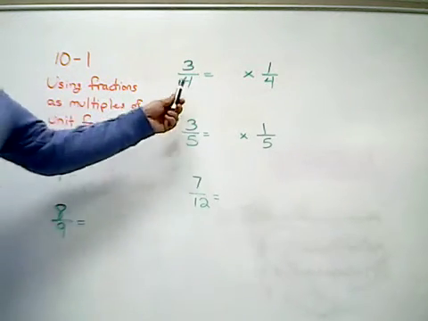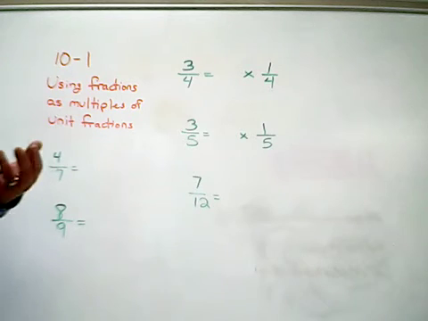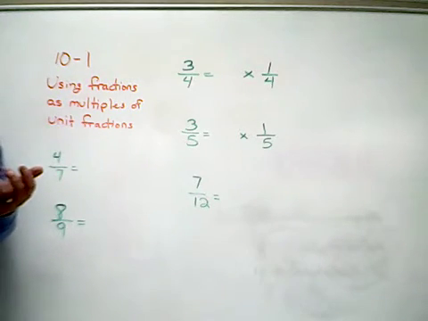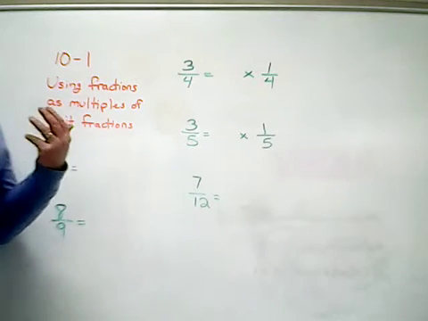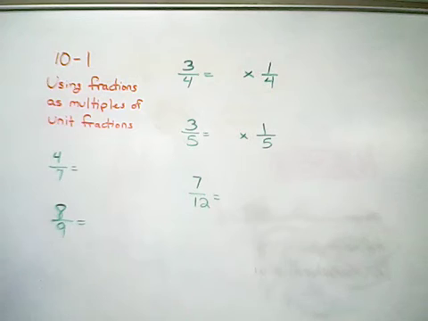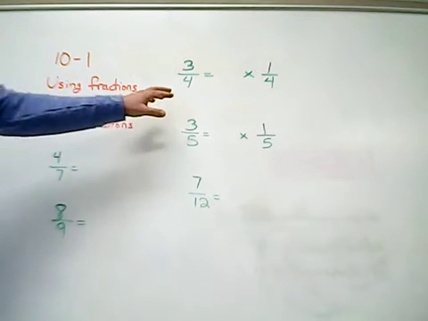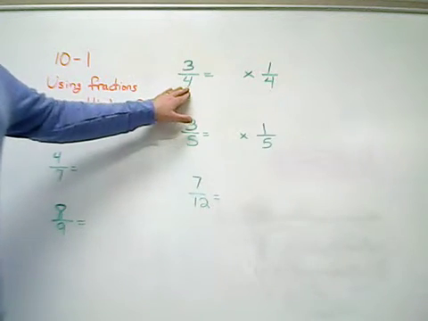3/4. Now, keep in mind that multiplication is nothing more than repeated addition. We've done multiplication with whole numbers, and we've seen how it's repeatedly added to get the product. Nothing changes when it comes to fractions. So in this case, I want to come up with a result of 3/4.